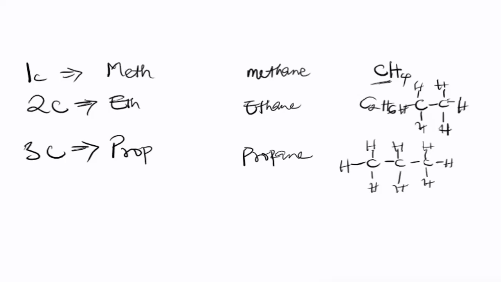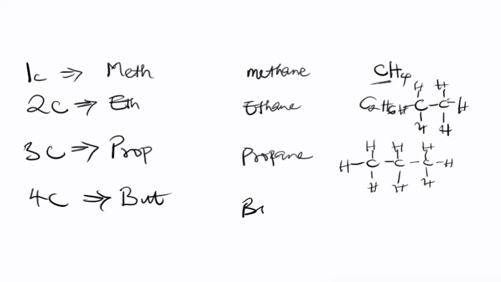So the next is 4 carbon chains, which has the prefix but. So an example is butane, which is C4H10.